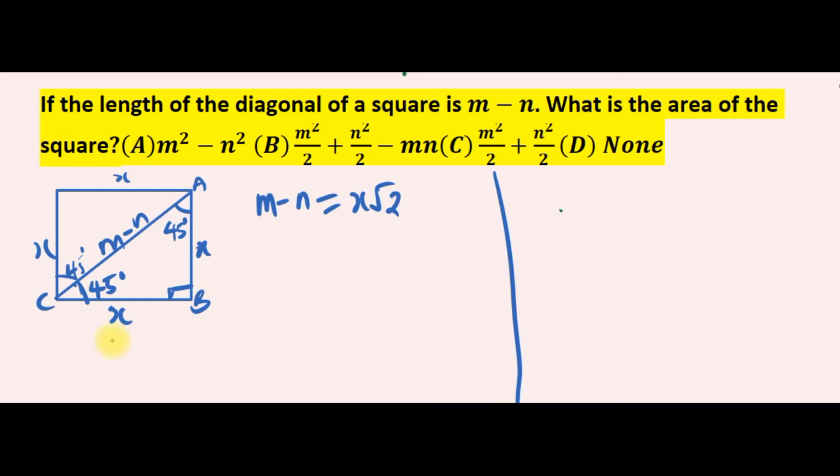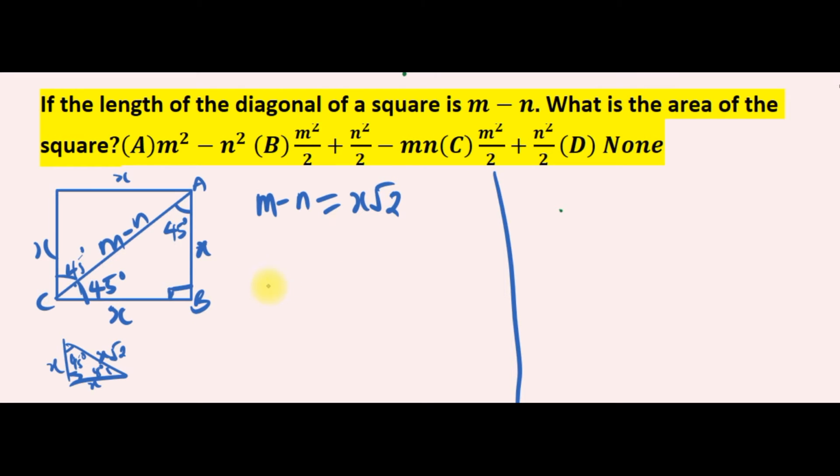There is a theorem that states that if you are given a right angle triangle with angles 45, 45, 90, and the sides are x, the longest side is x root 2. So that's how we got that.